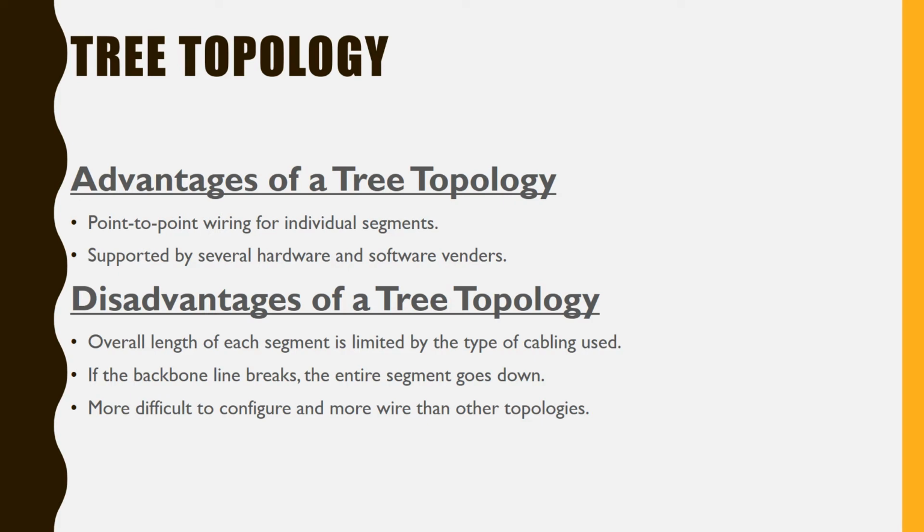Another disadvantage is that if the backbone line breaks, the entire segment goes down. As we have seen in the figure, if by chance node number 1 is down, then the whole network is down.